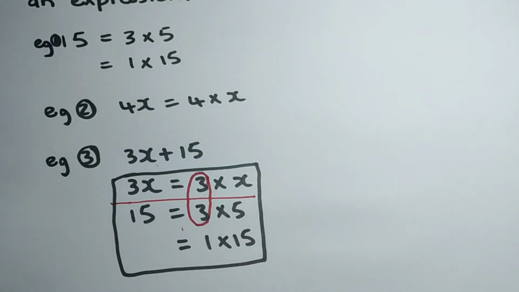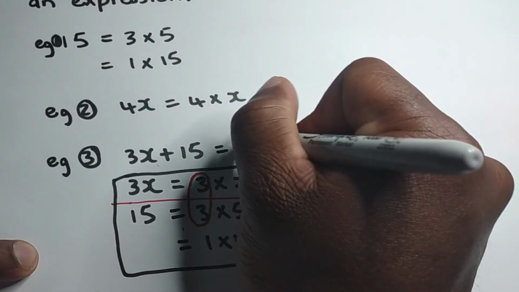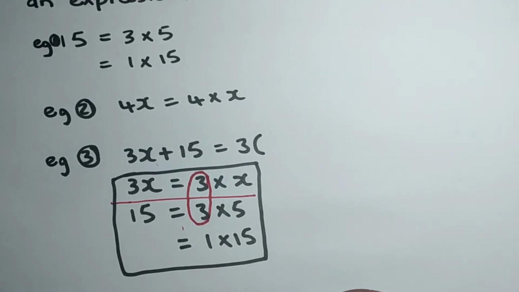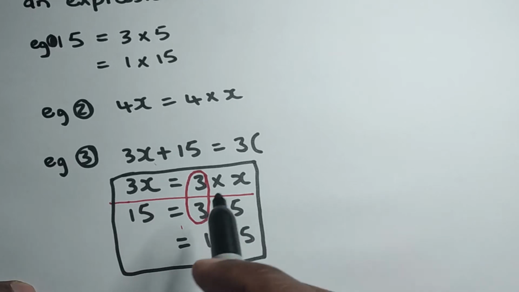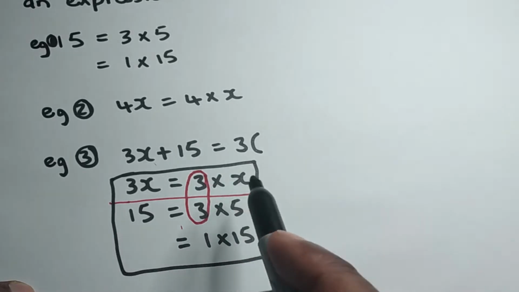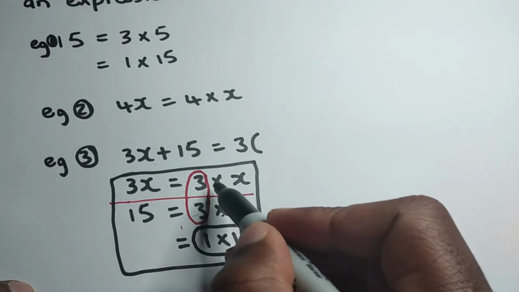Now what I'm going to do is to factor out this thing. And by that I mean I'm going to put this outside of an open bracket or parentheses, whichever term you want to lend to this. So we factored out 3, so that's the highest common factor. Now what we're going to do is to write what's left.